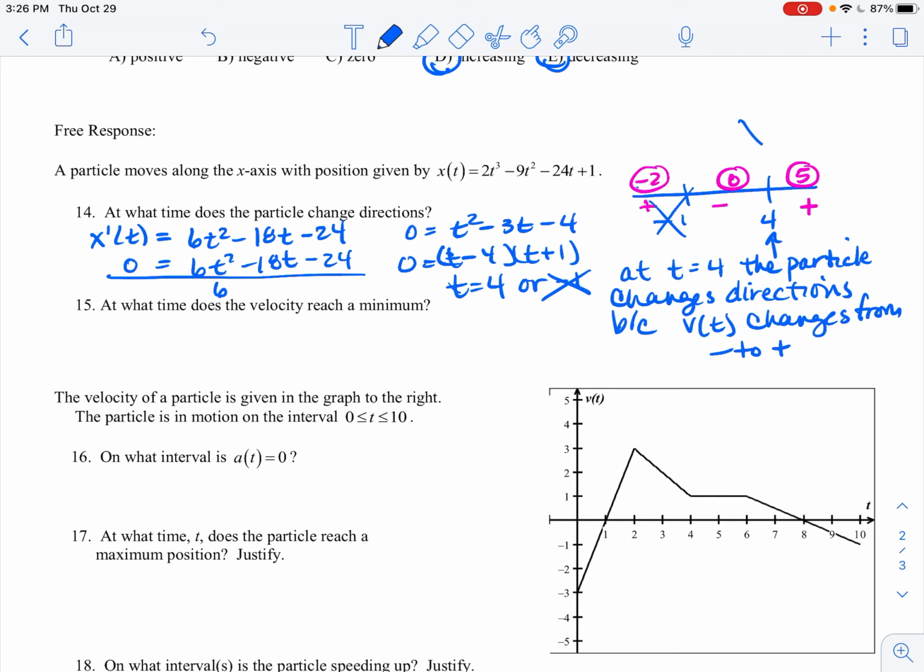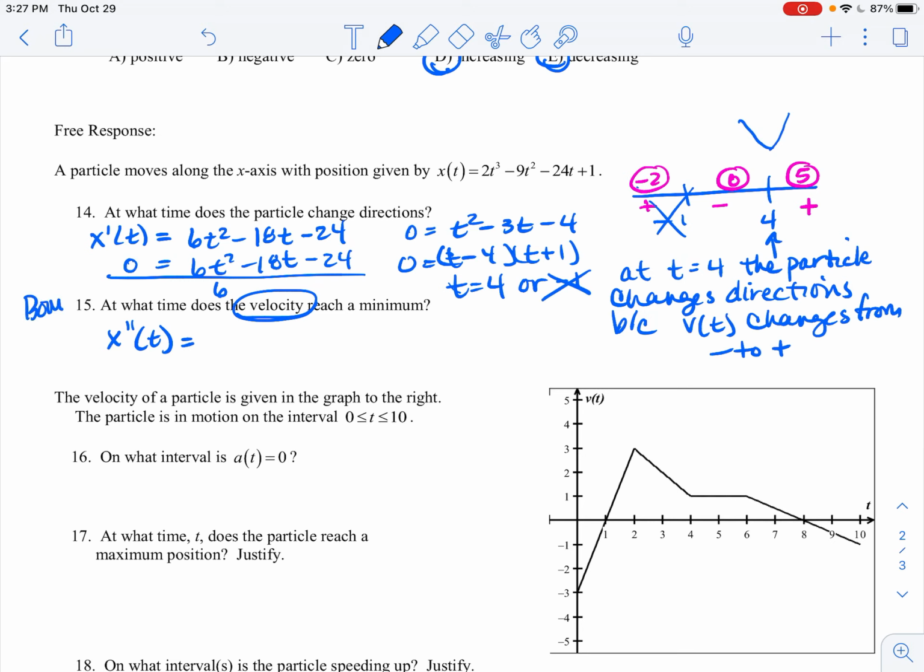Where do we reach a minimum? Well, if you think about this, we have a negative slope and then we have a positive slope. So we're decreasing to the left of 4 and we're increasing to the right of 4. Oh, hold on though. It's asking for velocity. So velocity will reach a minimum when the second derivative changes signs. So let's go ahead and find that second derivative of position.